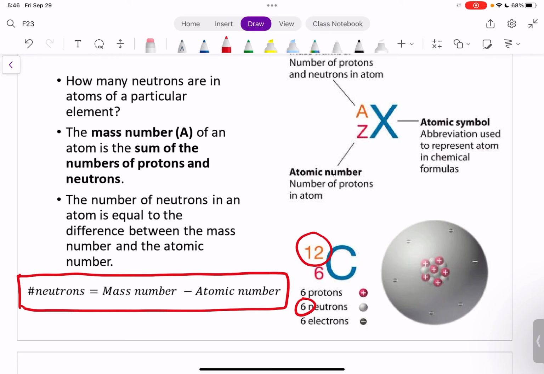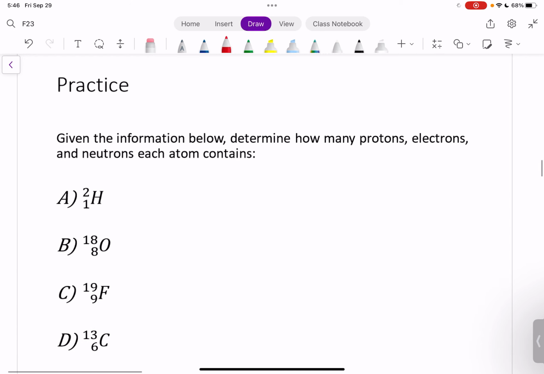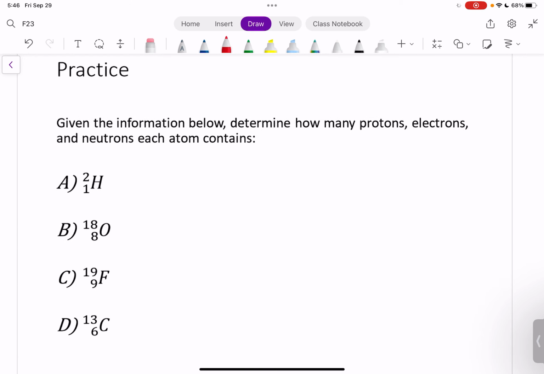Yeah, 6. 6 protons plus 6 neutrons equals a mass number of 12. Or you could plug in the numbers here. We've got a mass number 12, we've got 6 for our atomic number, so we must have 6 neutrons. All right, let's practice this a little bit. So pause the video, try it out, and then come back.